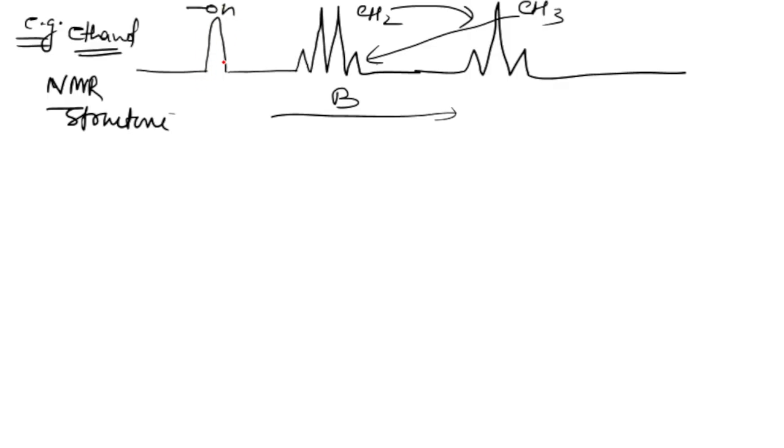This will not interact with this, but these four signals come from this, because the methyl group has 3 protons, so n plus 1 means 3 plus 1, you get 4 signals. Similarly, from this CH2 group you will get 3 signals because here 2 protons are present.